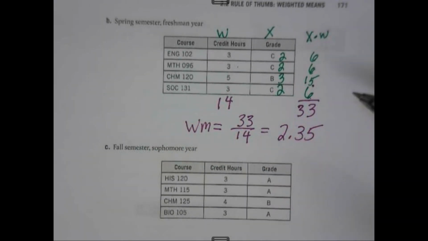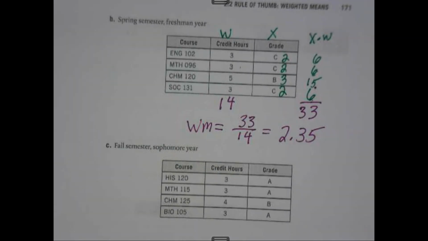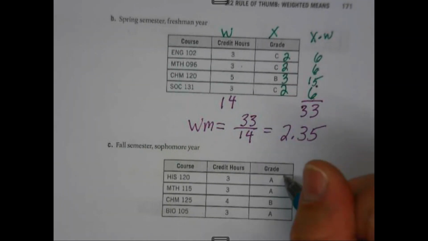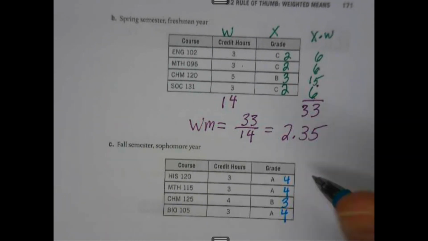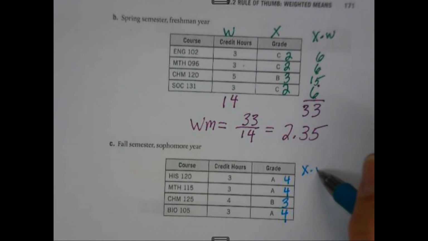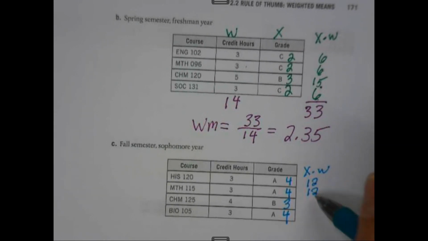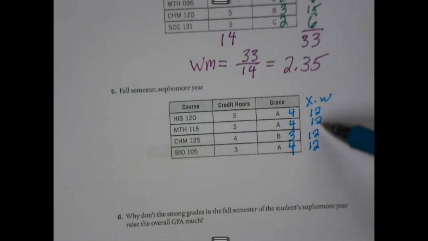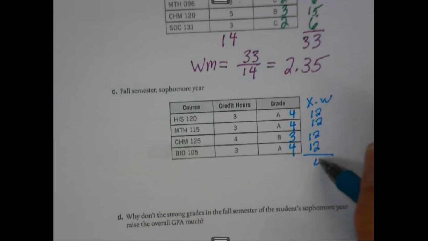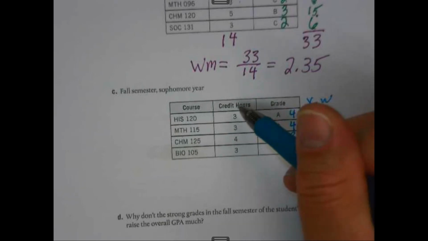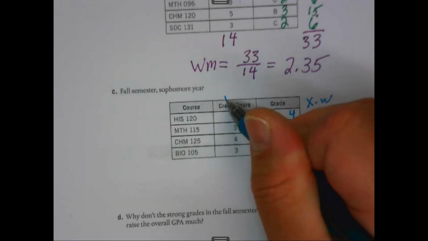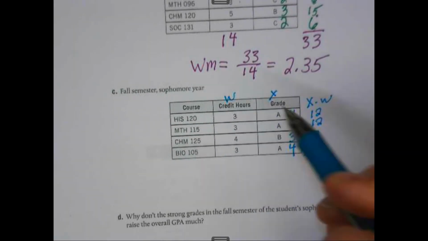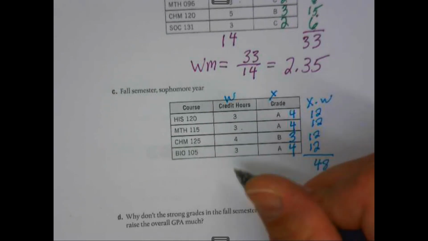Next semester, A is 4, 4, 3, and 4. X times W: 12, 12, 12, 12. 12 times 4 is 48. My weight is, this is my W and X, 6, 10, 13.